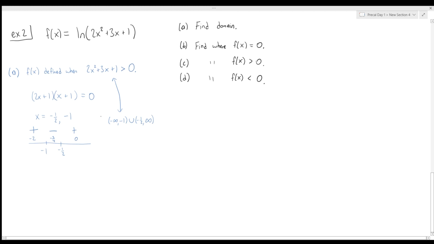So this was going to be the domain of our function, okay? So that was a little bit tricky. We needed to know that natural log is only defined whenever the inside expression is positive. And then to find where this polynomial is positive, we did our little sign chart to figure that out, okay?